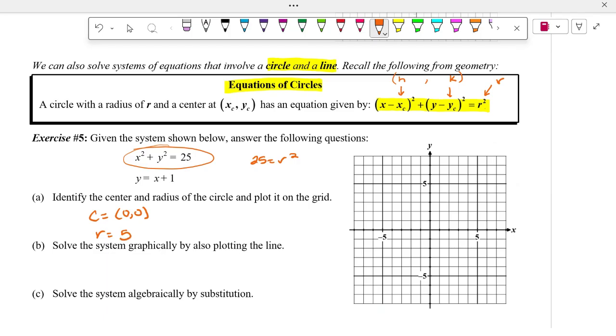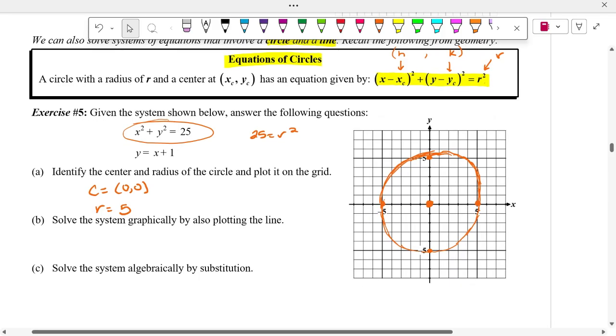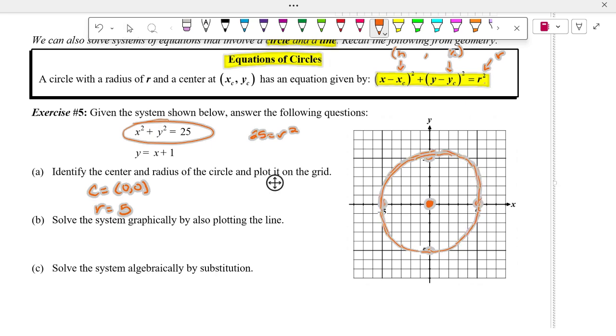So how we graph this circle is that I just go in all cardinal directions, meaning north, south, east, west. So I go 5 out in all directions. And my center's here. And then you just sketch it as best you can. It's not the prettiest circle I've ever done, but it'll do. You just got to make sure that it goes through all 4 radii points. It's not going to go through the center.